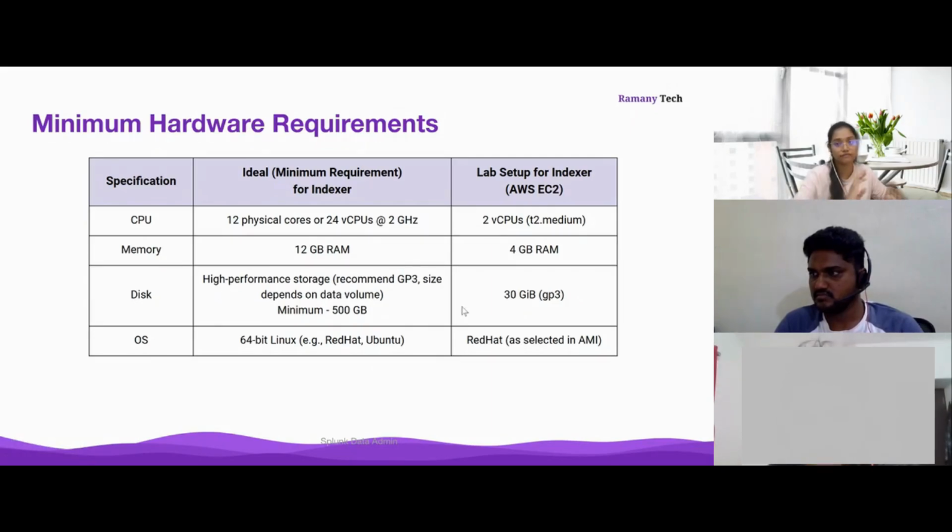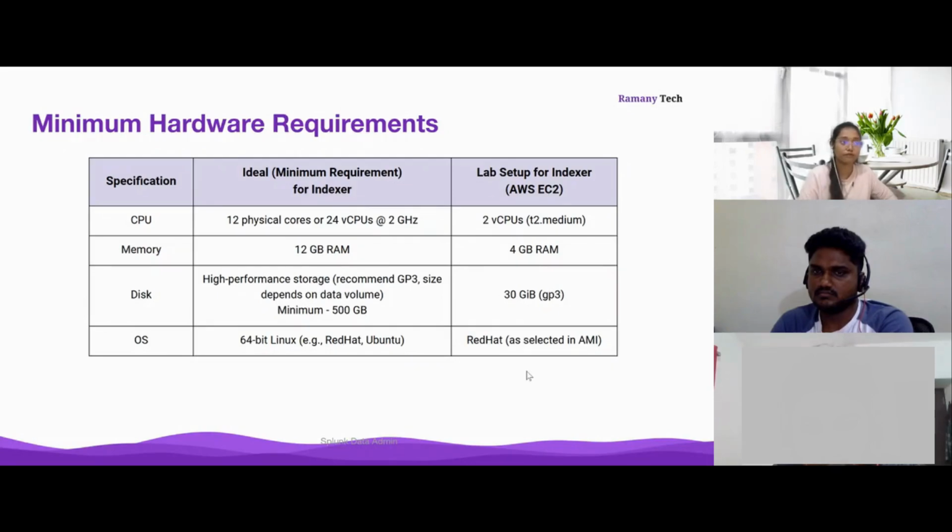Since we are using only a lab setup, you don't need this much. You can go for the minimum specs, so two virtual CPUs. If you remember, when we were creating the EC2 instances, we selected t2.medium. The t2.medium has only two virtual CPUs, 4 GB RAM, and we selected 30 GB storage and Red Hat Linux OS.